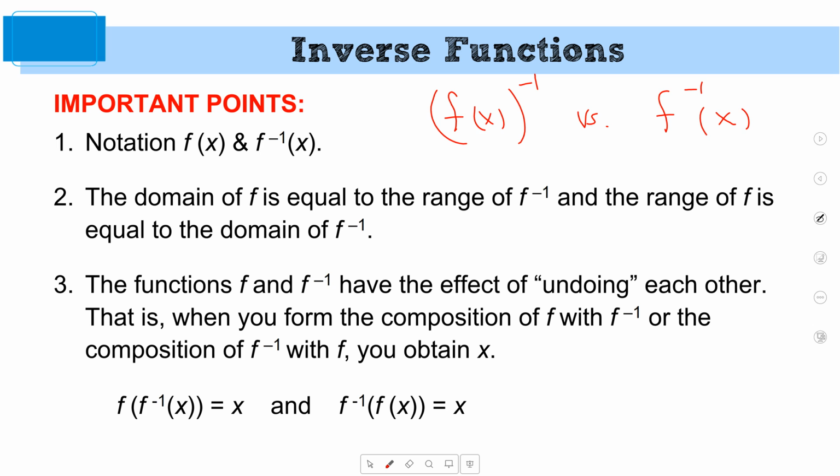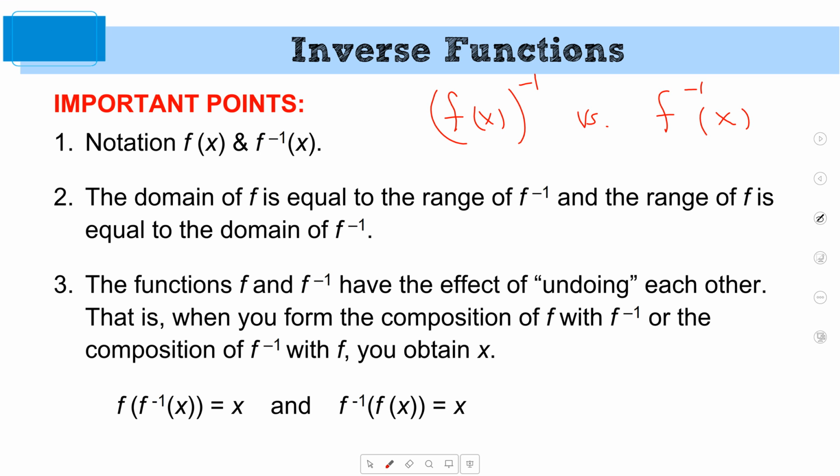Okay, beautiful. I don't know if you covered this last year, but the domain of a function is the same as the range of the inverse. Have you heard that before? Yes? Outstanding. And the opposite is true. The range of a function is the same as the domain of the inverse.